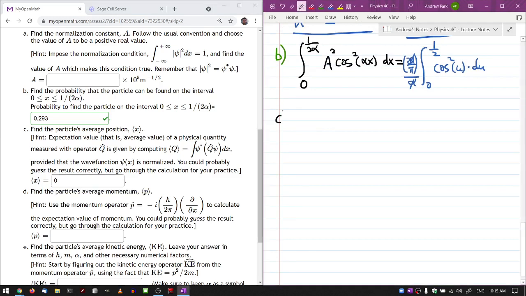When you look at your wave function, let me write it down: A times cosine of alpha x. What matters here is that this is defined over a symmetric interval.